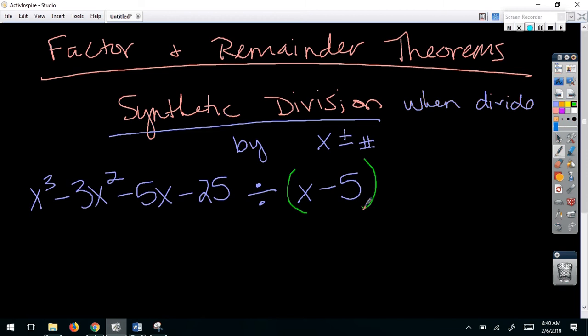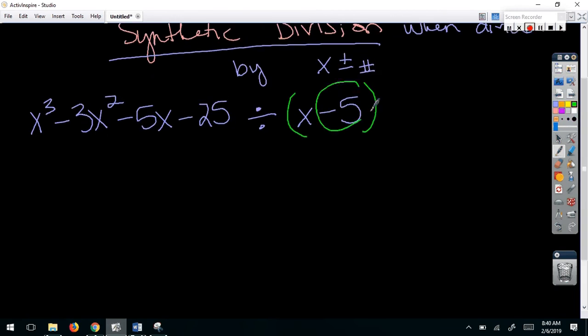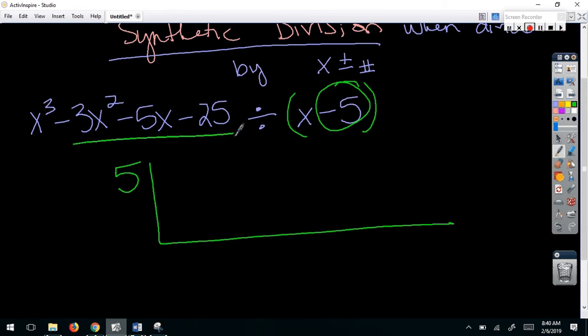So when we set it up, here's what we do. We take this number, but we change the sign, so it'd be positive 5. We do an upside down division sign. This row is going to be the coefficients of what we're dividing, including any placeholders we may need.